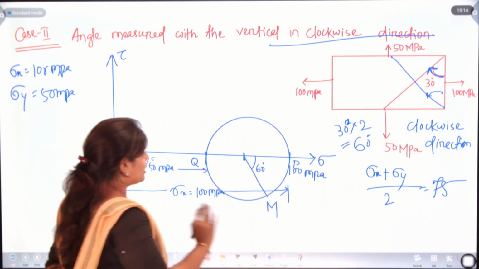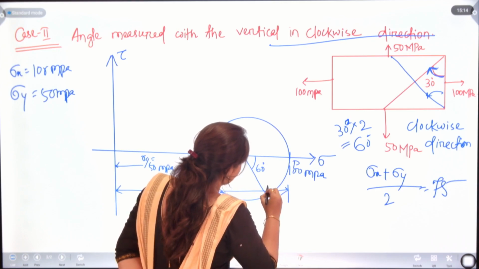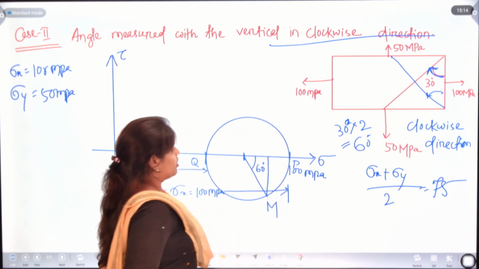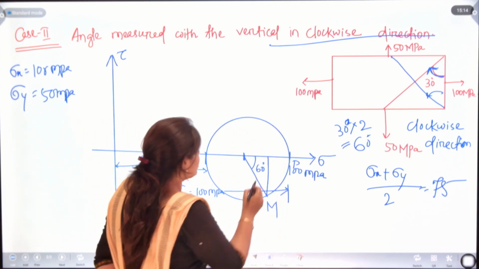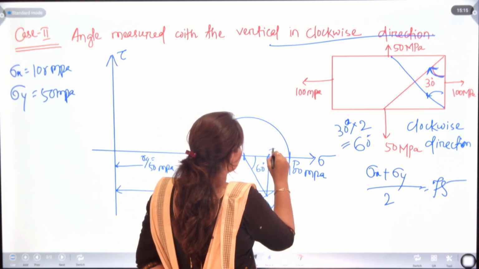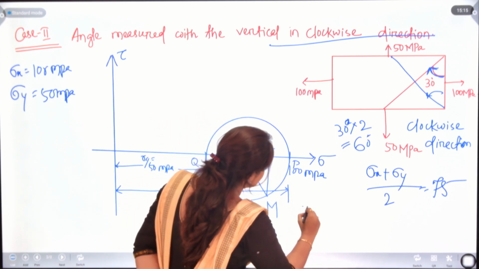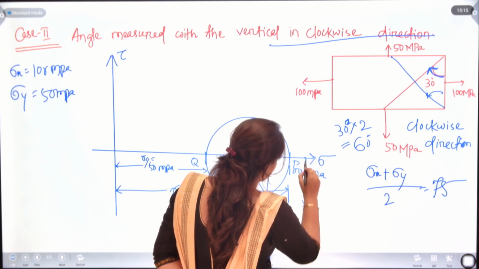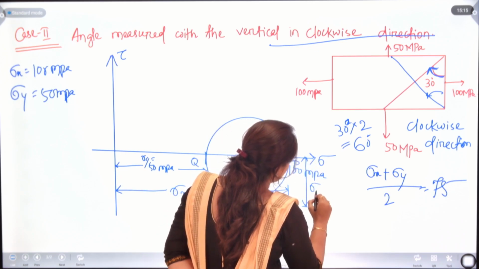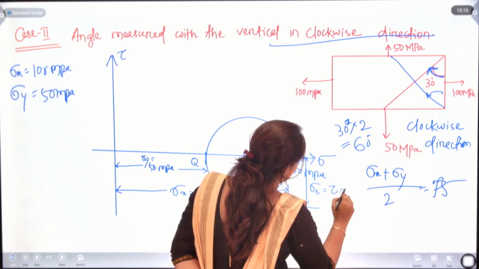The other processes are very similar to the first one. We will draw the perpendicular and let's name it T. So this is your tangential stress, sigma t, or you can say tau.